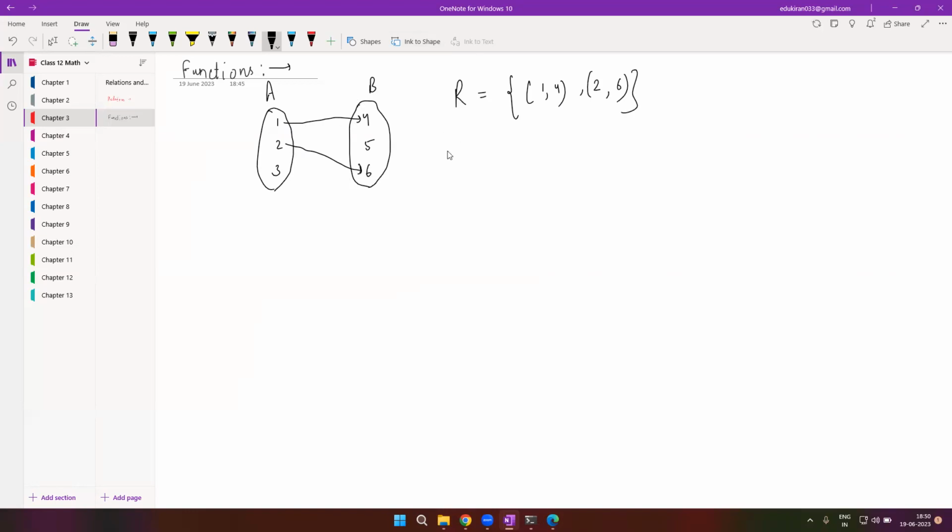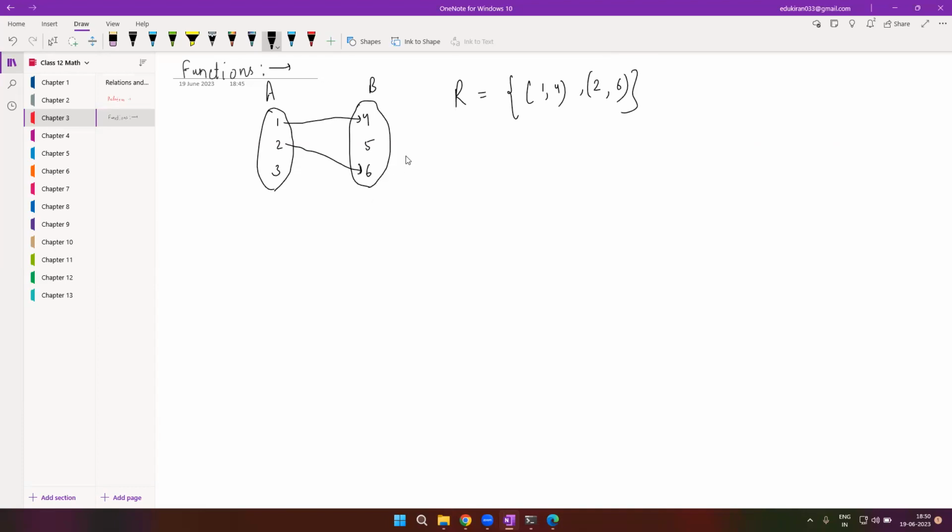Right, this is our relation, 1, 4 and 2, 6. Now another relation can be formed on these two sets with some other rule, and then there will be a diagrammatic representation of that as well. Every relation or every function can be represented diagrammatically like this. If we know their sets are finite, I mean the sets on which you are defining those relations are finite, then you can easily show via diagram as well.